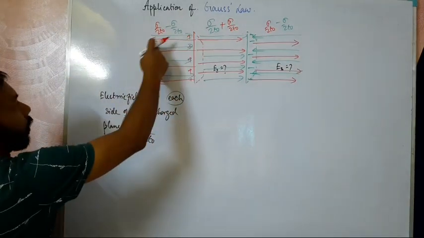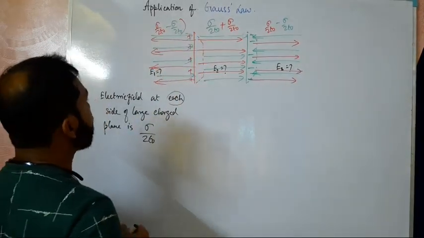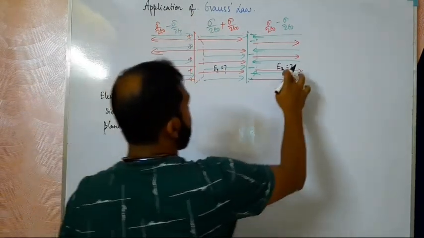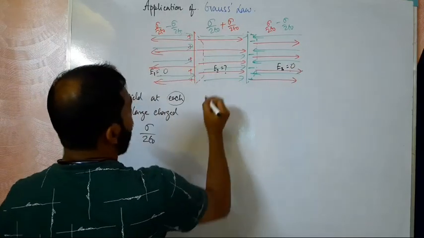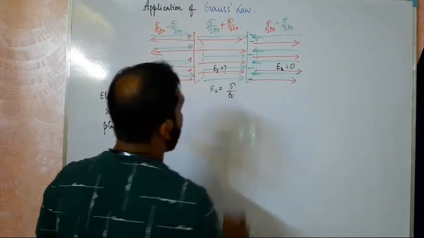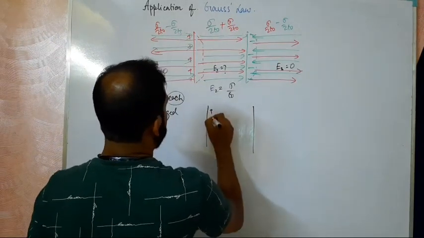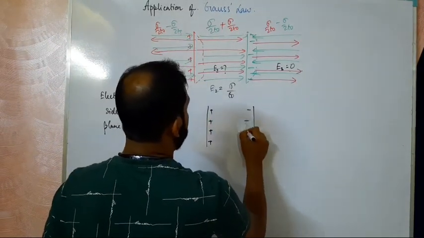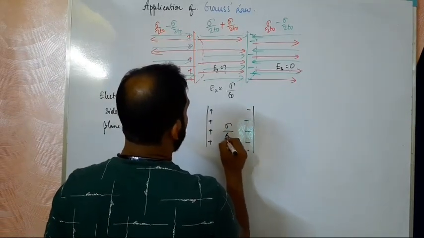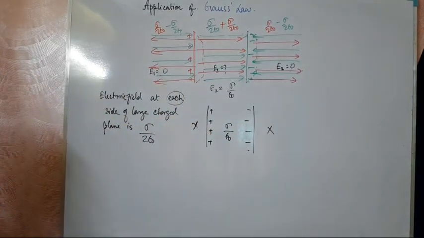Since they are opposite, the net electric field for E1 is 0, for zone 3 it is also 0, and for E2, zone 2, it will be sigma by epsilon naught. So finally, if we have two plates like that, one positively charged and one negatively charged, there will be electric field only between them, sigma by epsilon naught, and no electric field outside those planes.